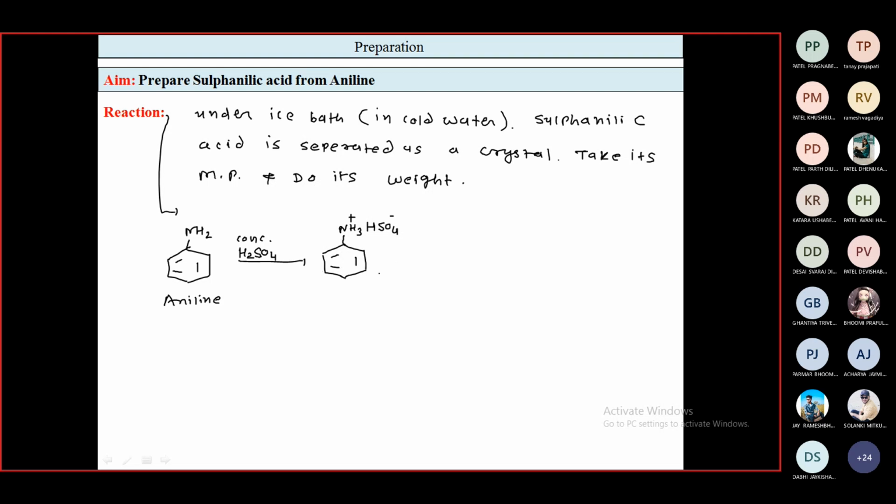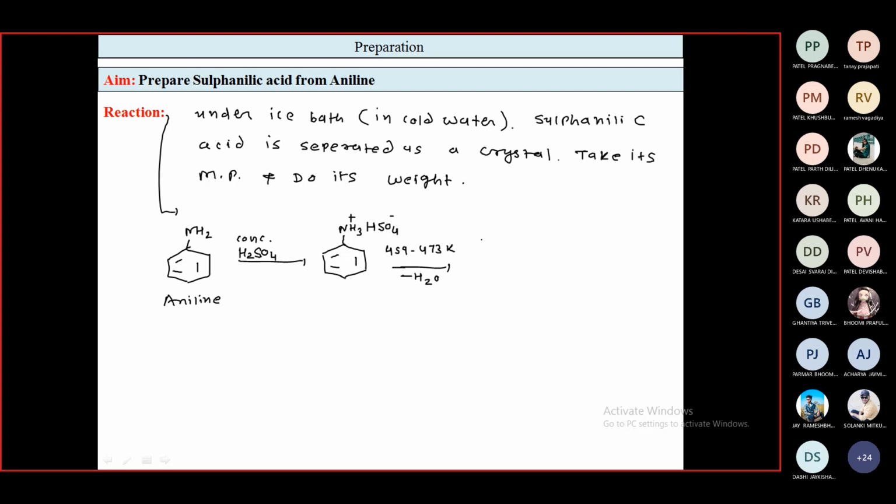Then heat it at 459 to 473 Kelvin temperature under an oil bath. This is in Kelvin; in degrees Celsius it is approximately 180 to 190.